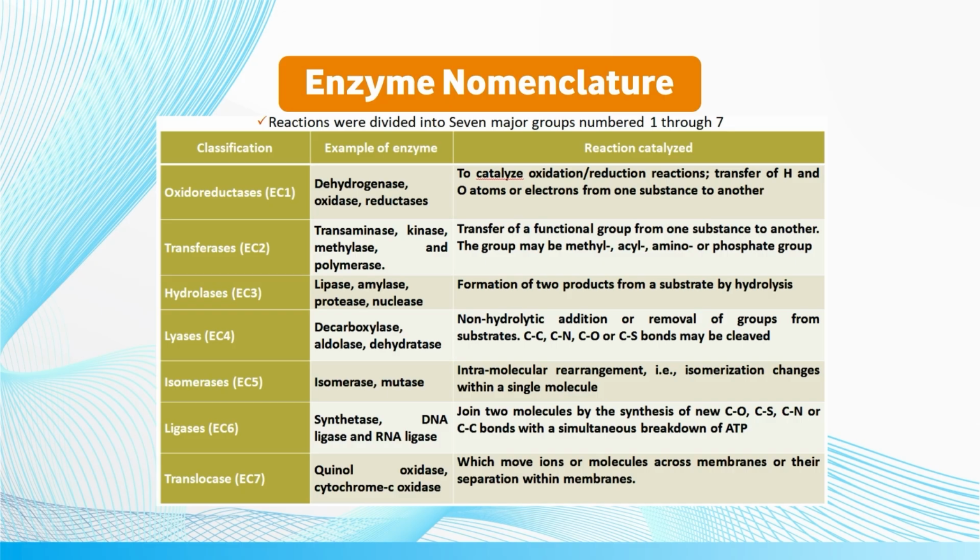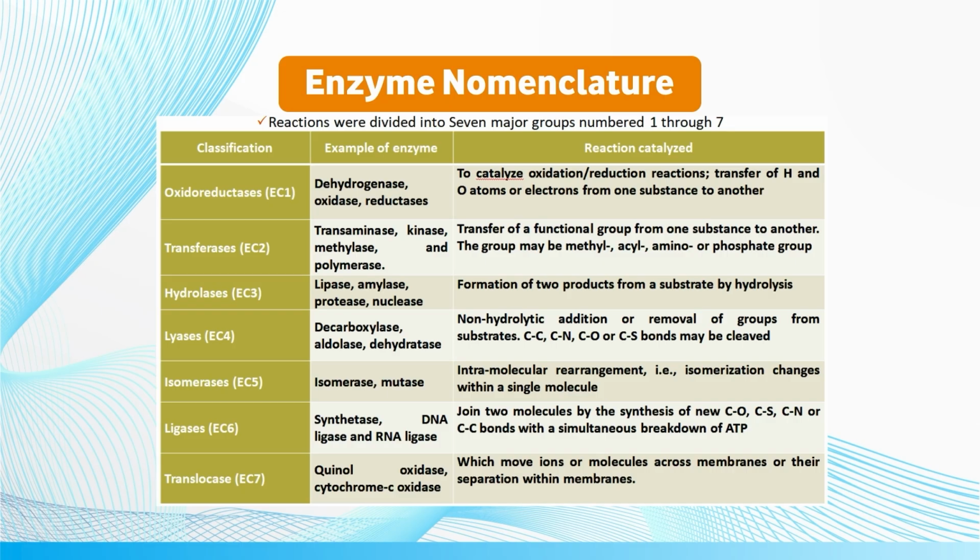The last group, a new recently formed group, is translocase, the EC7 group. This group performs the movement of ions or molecules across the membrane or their separation within the membrane. Examples are quinol oxidase and cytochrome C oxidase.